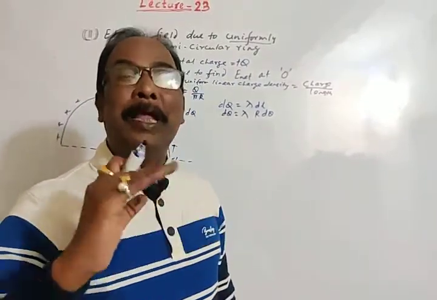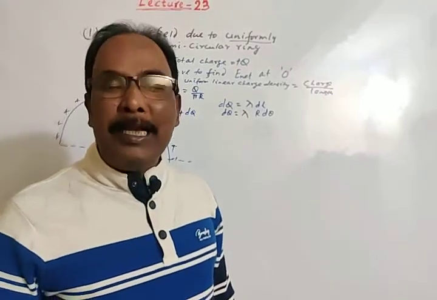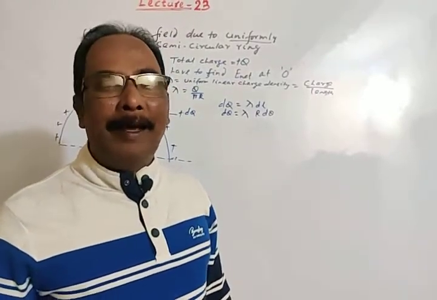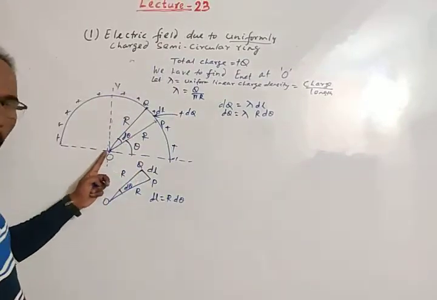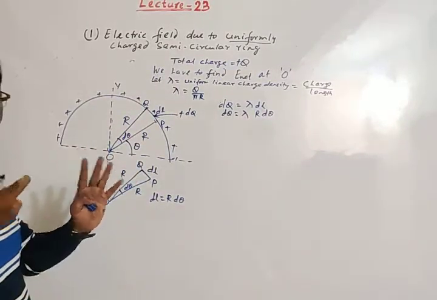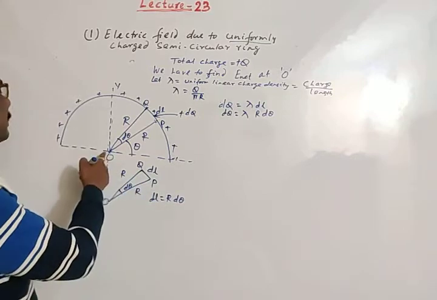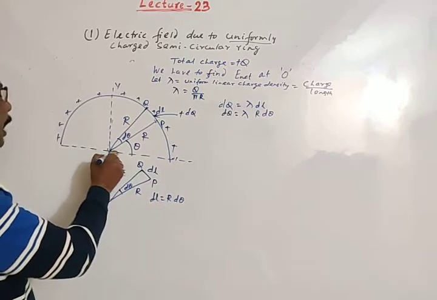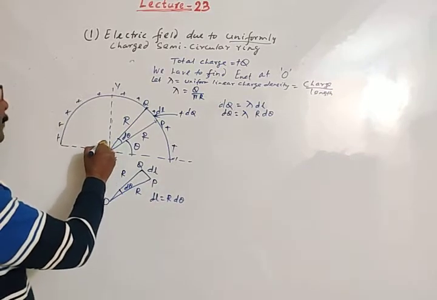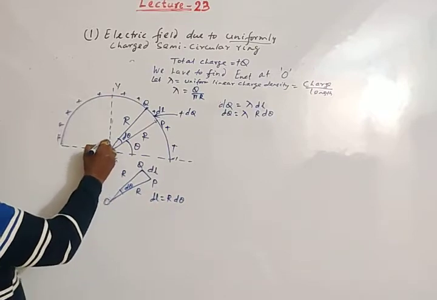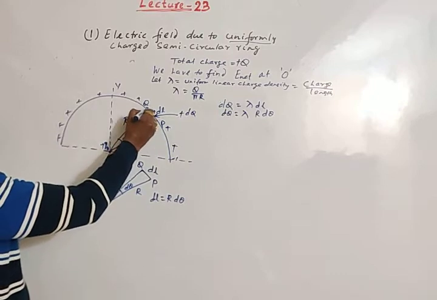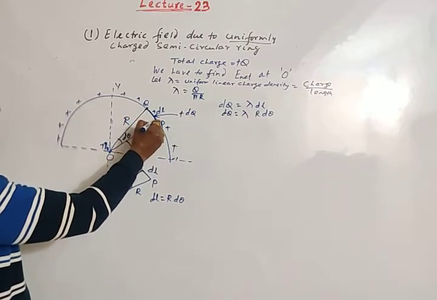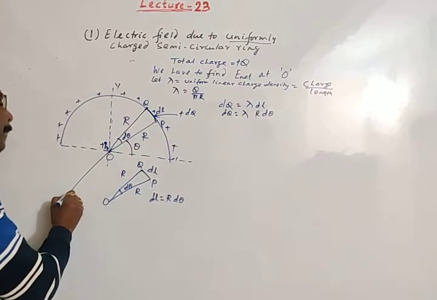Then force on unit positive charge is electric field intensity at the required point. We have to find electric field at O. Let's place a unit positive charge at O. Then this dq, the charge contained by this elemental length PQ, will repel it.